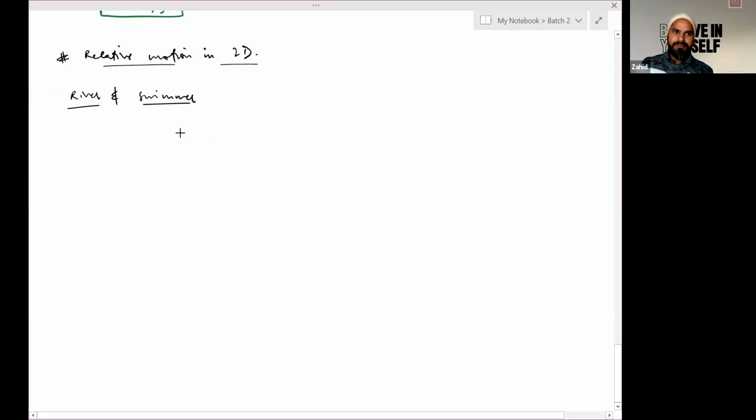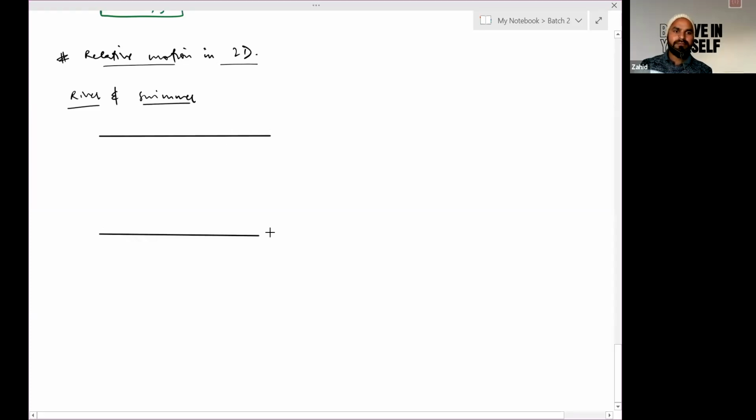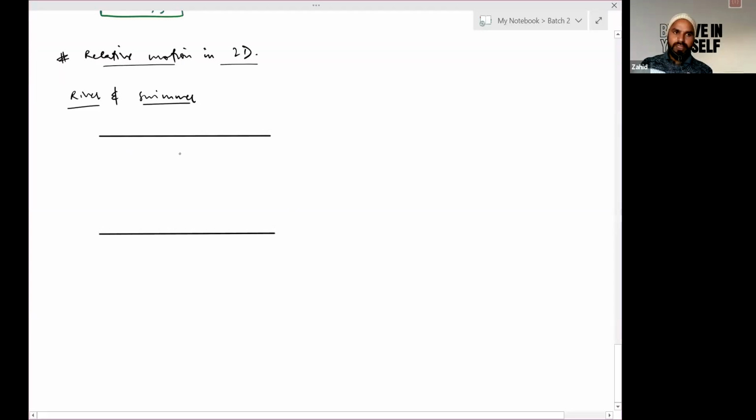Suppose there is a river which is flowing along this direction.